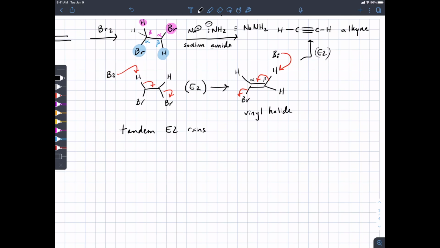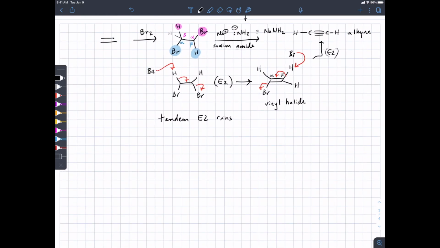What I'm going to show you now maybe is going to start to look familiar because it goes all the way back to chapter 2. An acid-base reaction can happen wherein amide anion removes a proton from the alkyne to give you the acetylide anion.